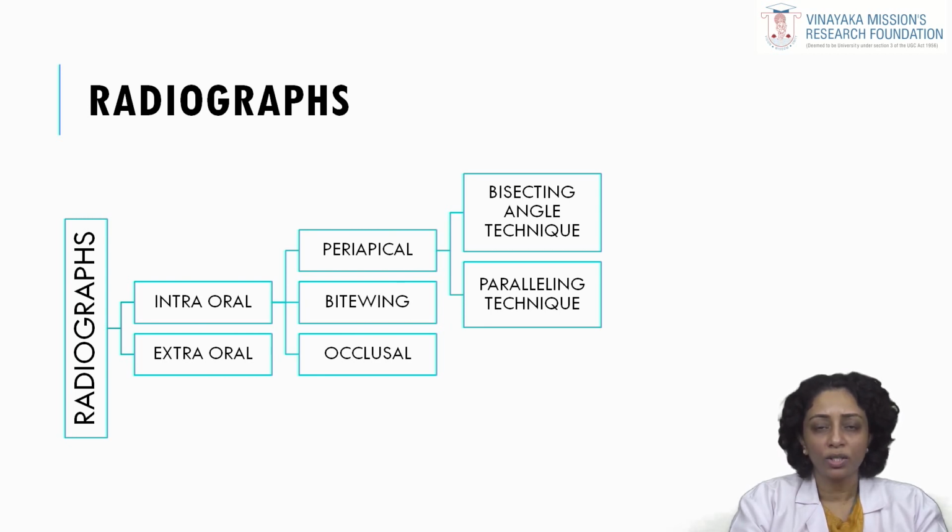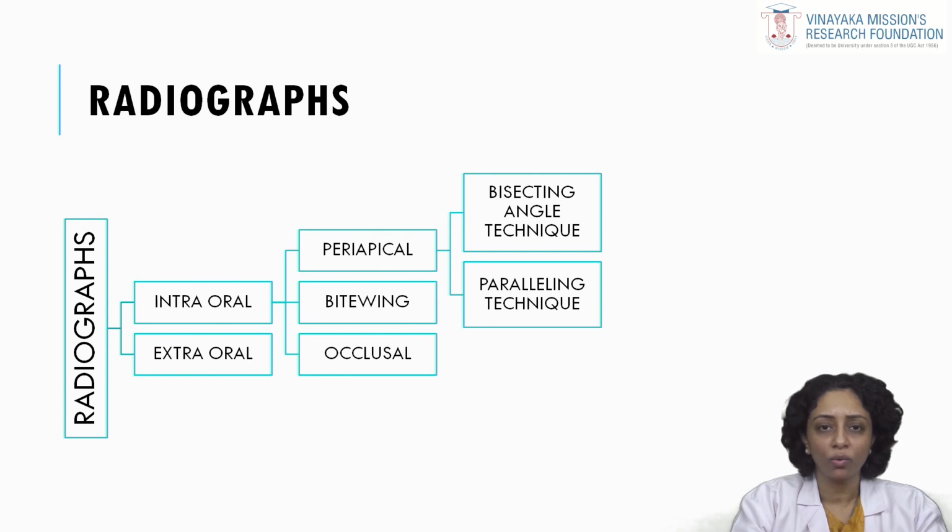In intraoral radiographs, we commonly use the bisecting angle technique as well as the paralleling technique. Today, we are going to deal with the bisecting angle technique in this lecture.